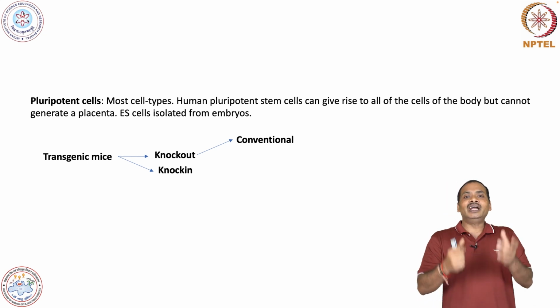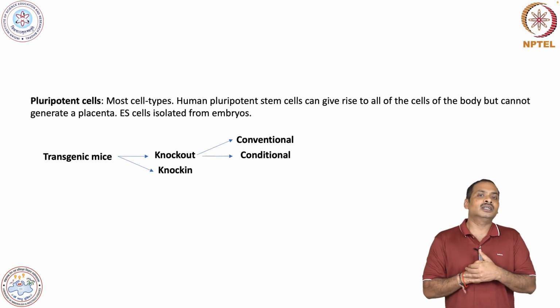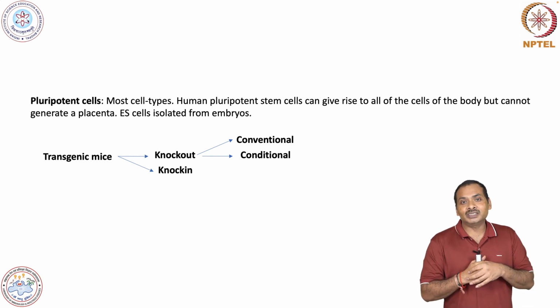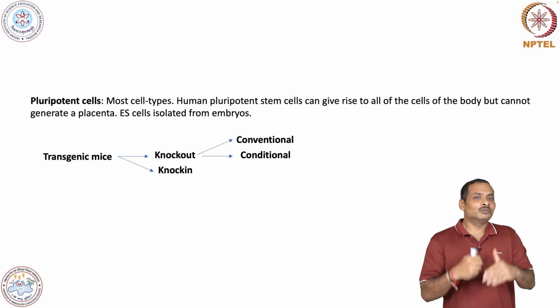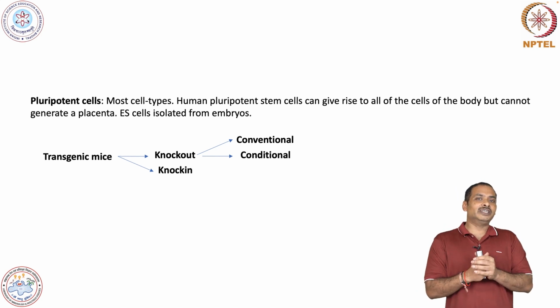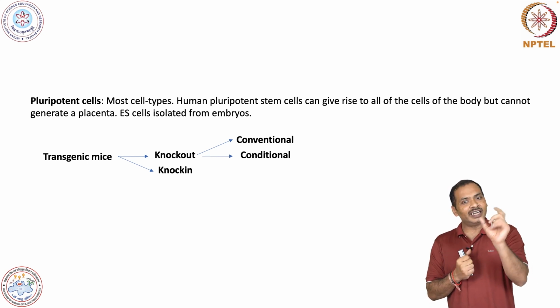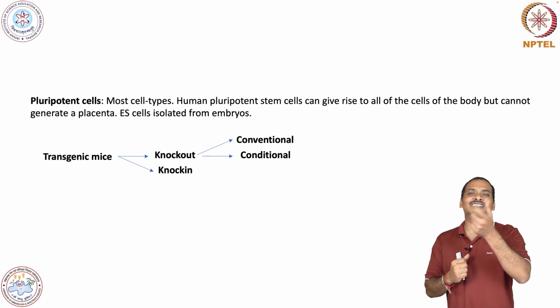In that scenario we make another kind of mice which we call conditional knockout mice. Conditional knockout mice is far more complex, but here I will explain it in a very simple way. You inactivate that gene in a particular cell type.